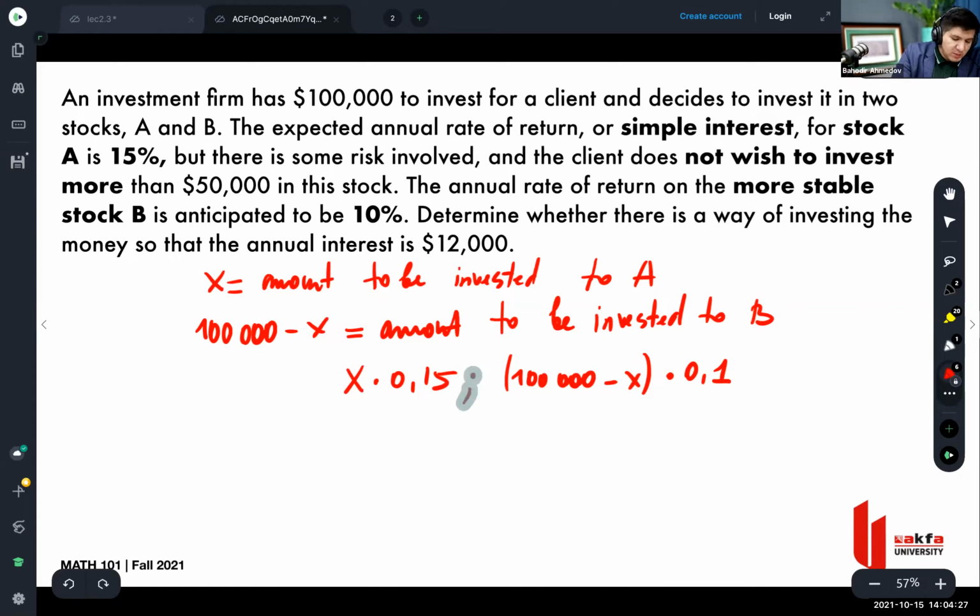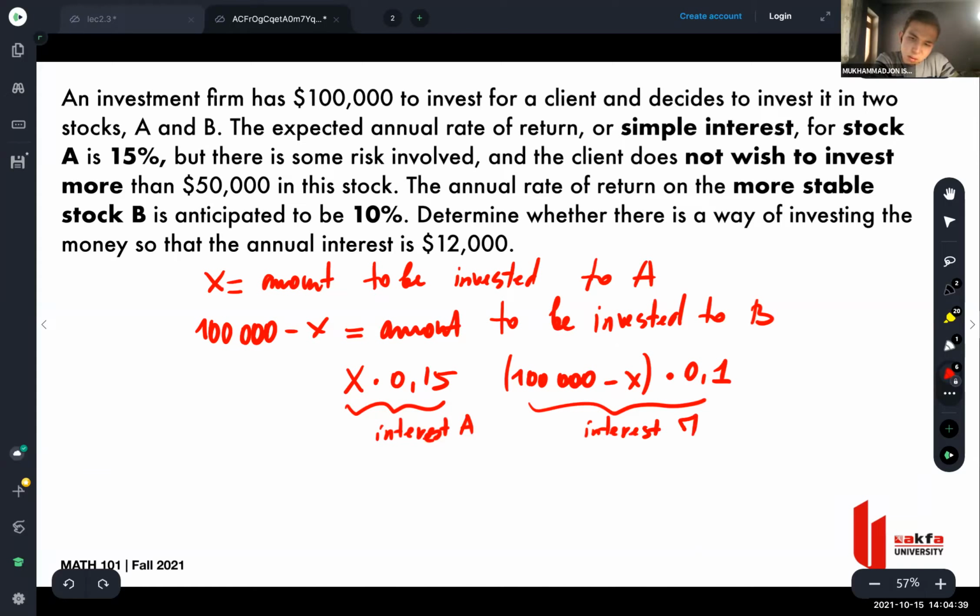So this is the interest from A, and this is the interest from B. I hope that you understand what's going on, right? Again, if you don't understand something, don't hesitate to stop and ask questions. So altogether, he's going to obtain this amount, which is the total interest.